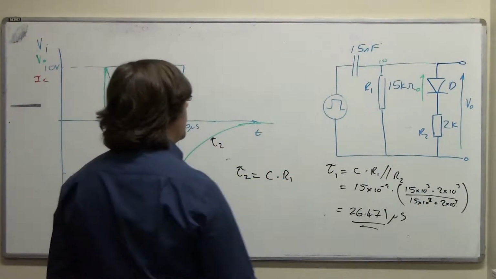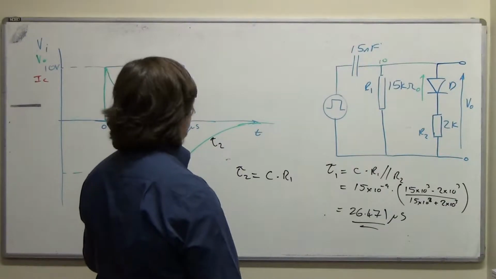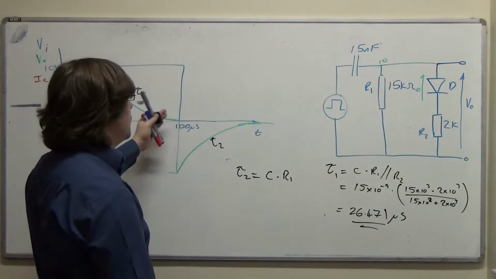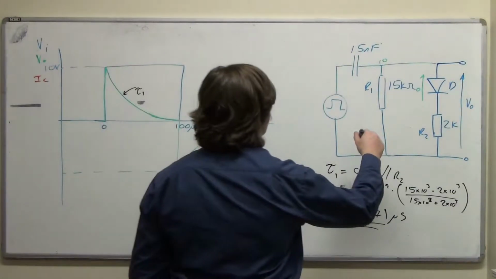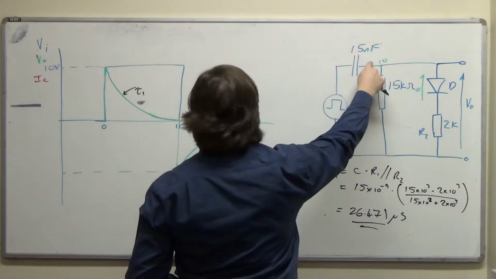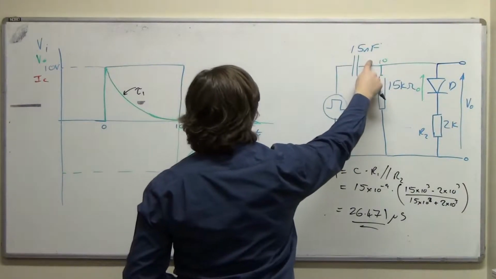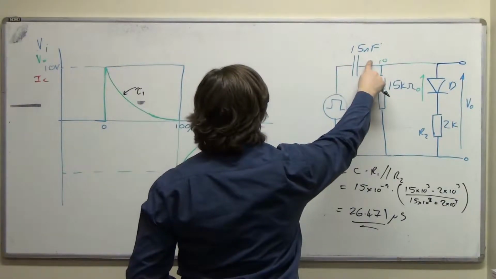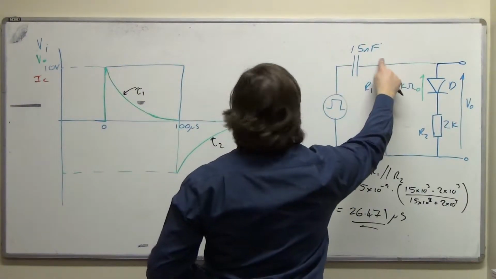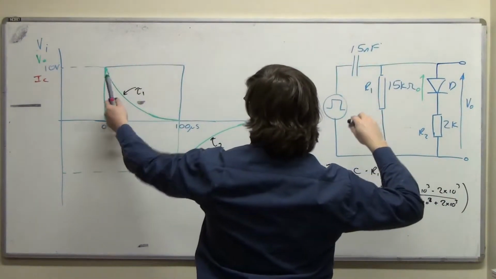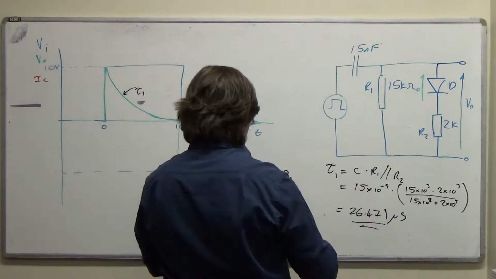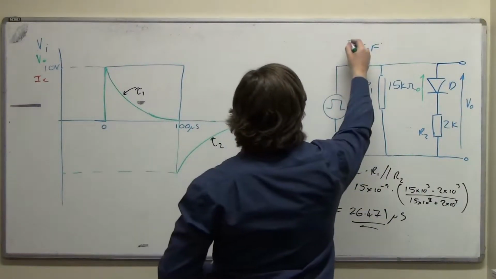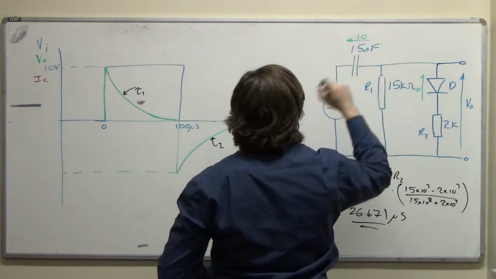And the reason is, with the falling edge of the pulse passing into the circuit, we're now in a situation where this is suddenly dropping from 0 to -10, because what's happened is during this length of pulse, we've charged up this capacitor to 10 volts.